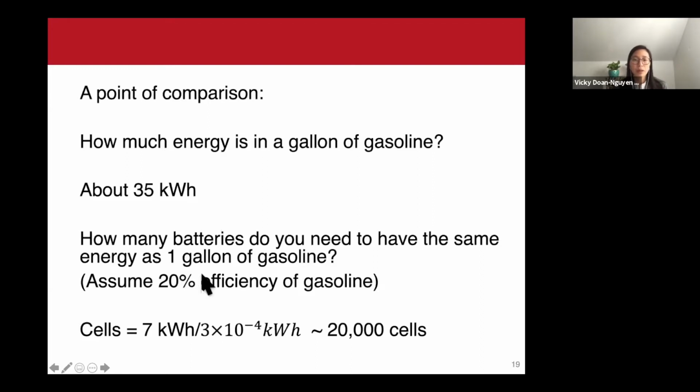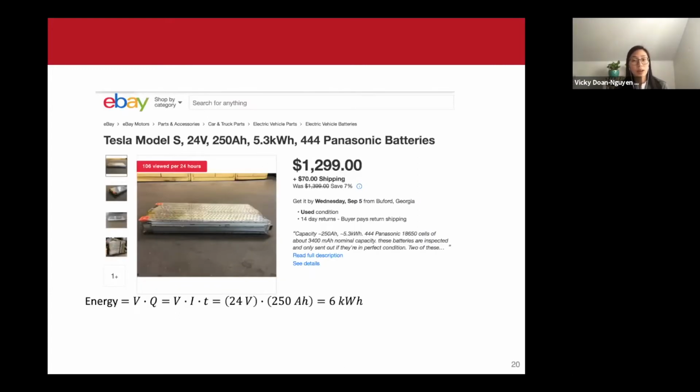Well, we calculated before that each cell has 3 times 10 to the negative 4 kilowatt hours, and 20% of 35 kilowatt hours is 7 kilowatt hours. So we would need about 20,000 cells, which is quite a lot, but that is actually, thousands of cells go into a battery pack for when you buy, let's say, an electric vehicle.